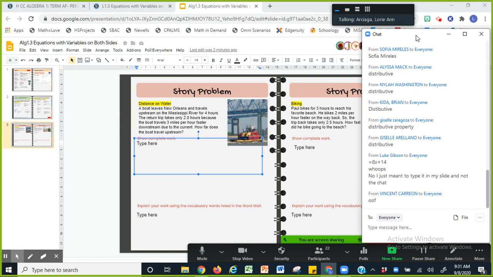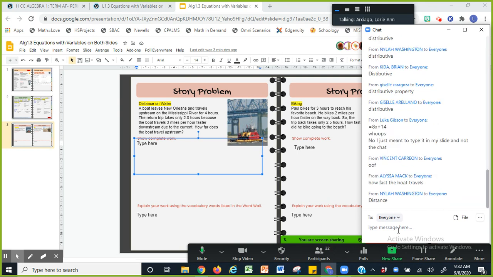The return trip takes only 2.8 hours because the boat travels 3 miles per hour faster downstream due to the current. How far does the boat travel upstream? So what are we looking for? What do we want to know? What's the keyword?